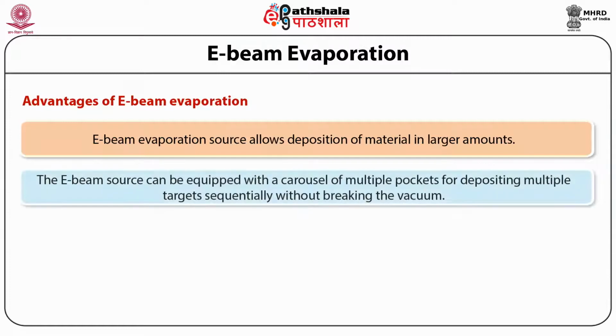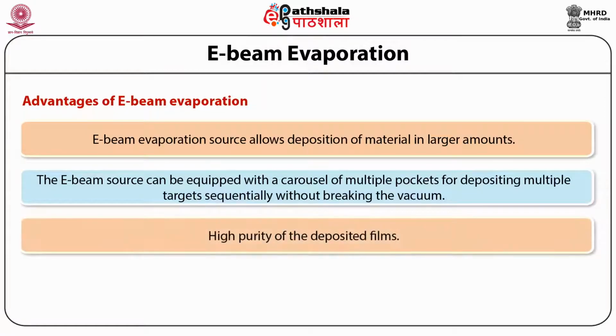Second, the e-beam source can be equipped with a carousel of multiple pockets for depositing multiple targets sequentially without breaking the vacuum. Lastly, we can get high purity deposited thin films.